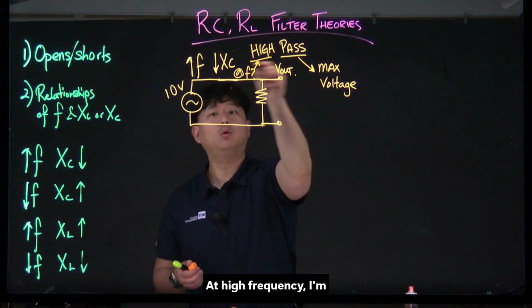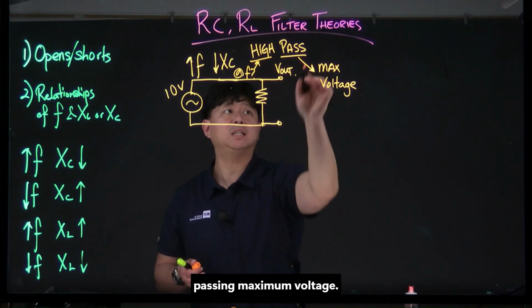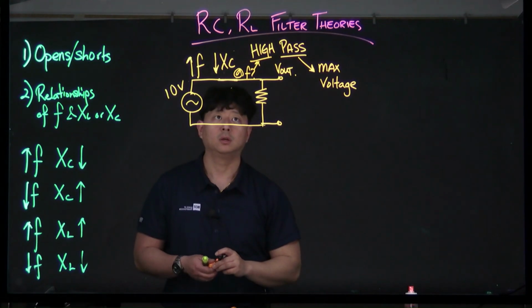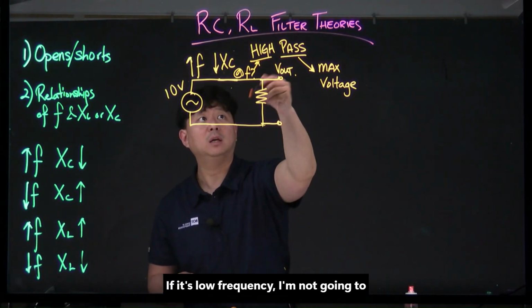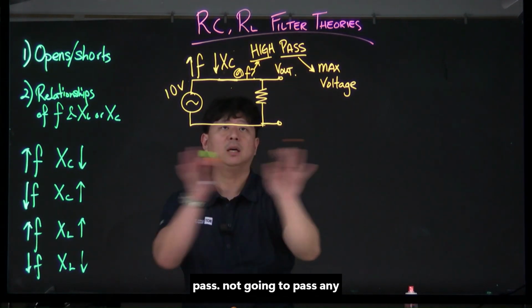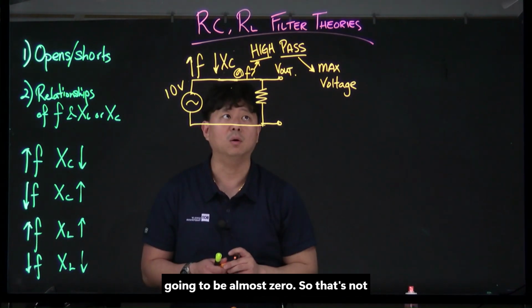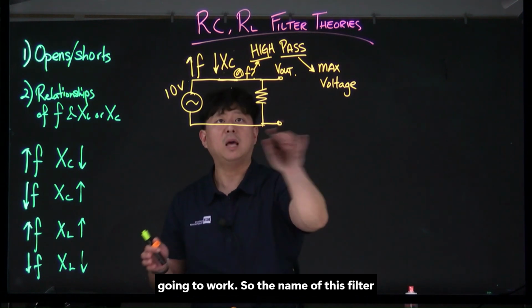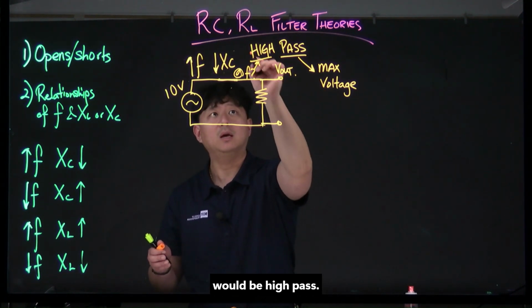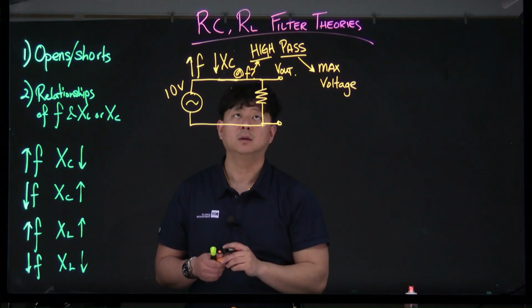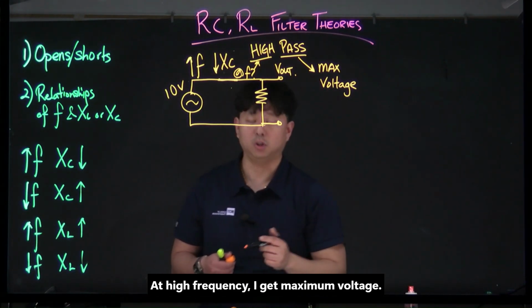At high frequency, I'm passing maximum voltage. If it's low frequency, I'm not going to pass any voltage. It's going to be very low, almost 0. So that's not going to work. So the name of this filter would be high pass. At high frequency, I get maximum voltage.